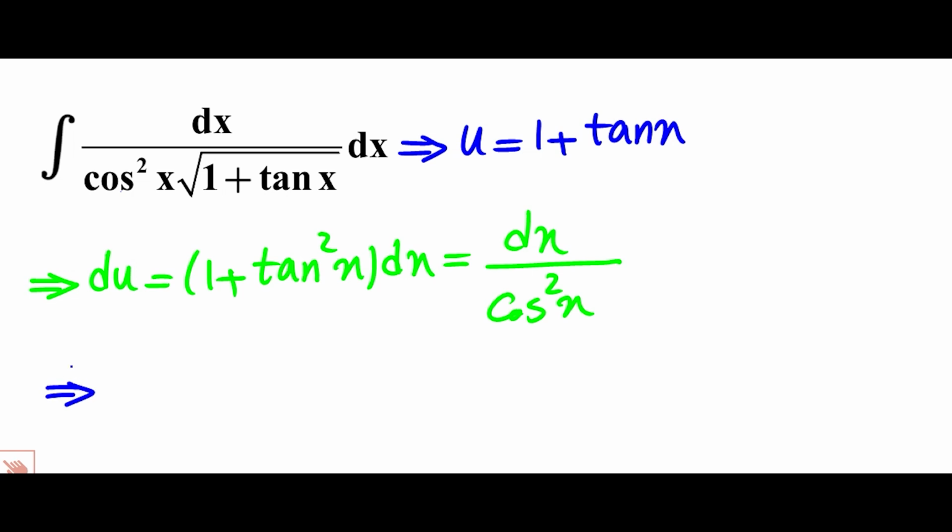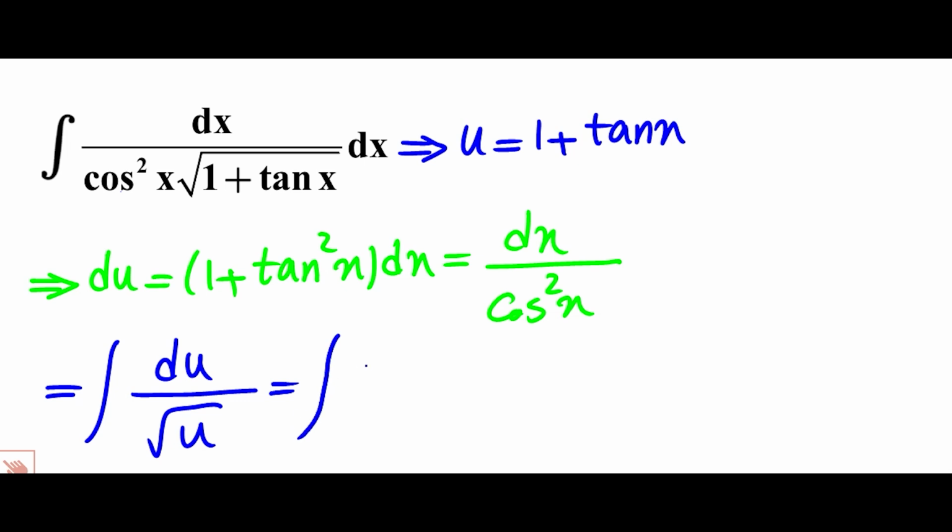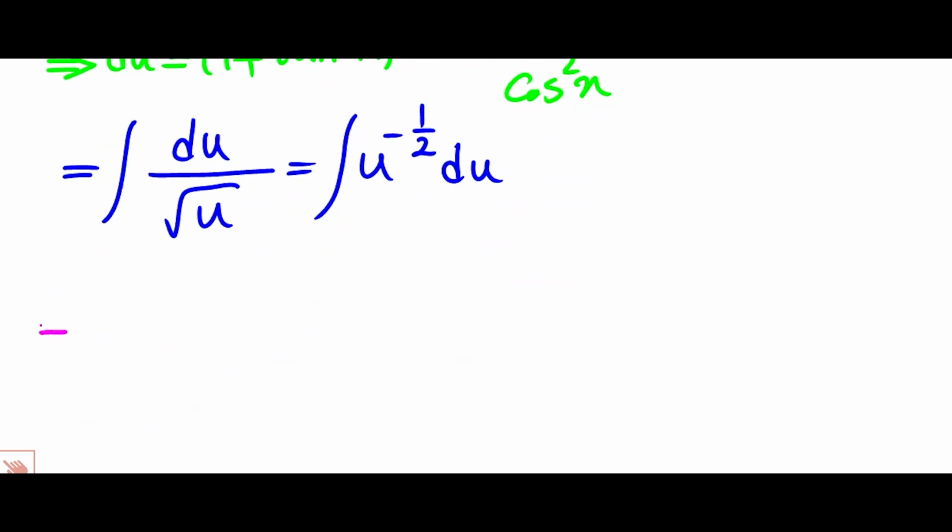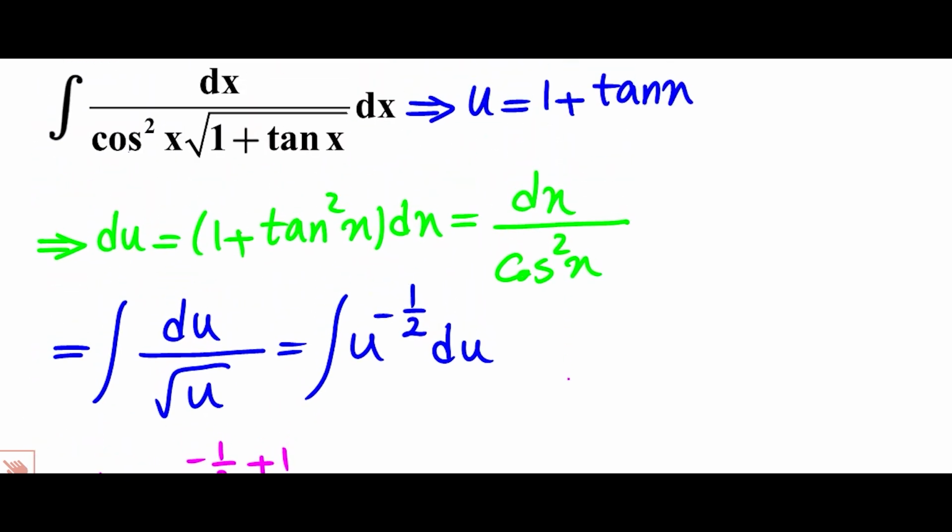So we have this integral equals the integral of du over the square root of u, or using exponents, u to the power of negative 1/2 du, right? Now we apply the power rule for integration, meaning 1 over (negative 1/2 plus 1) times u to the power of negative 1/2 plus 1, and we know that u is 1 plus tangent of x.